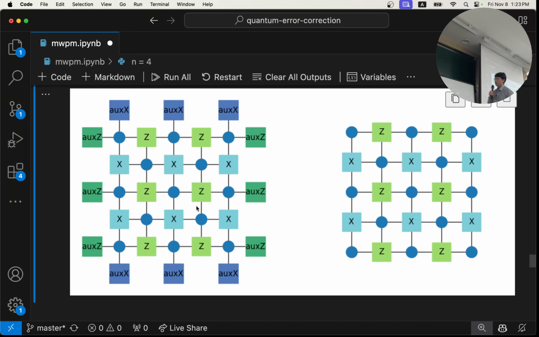There are lots of qubits, all of these are qubits. The circle ones are the data qubits, and the square ones are the ancilla qubits, also called stabilizer qubits. We are taking the measurement only on these square qubits. I'll tell you what this X and Z mean actually.